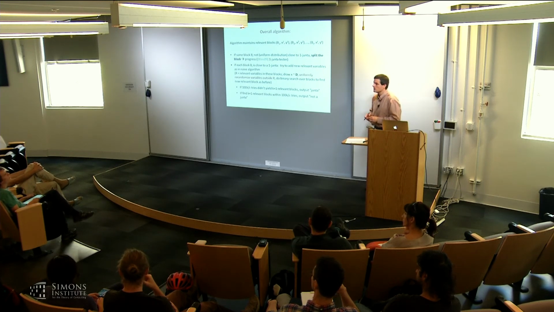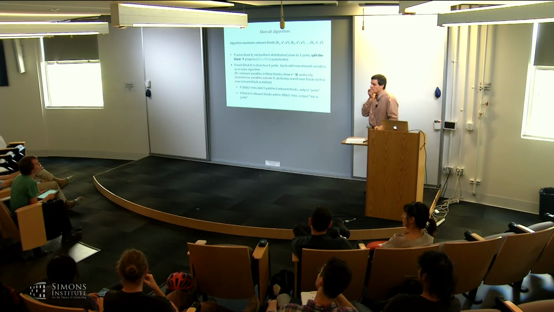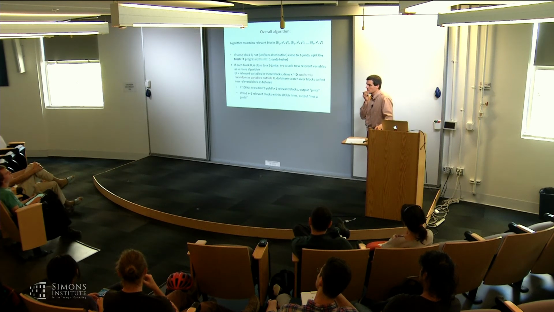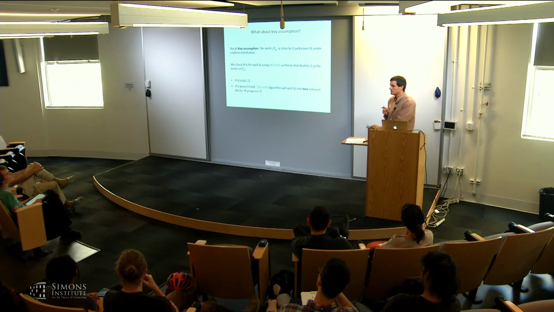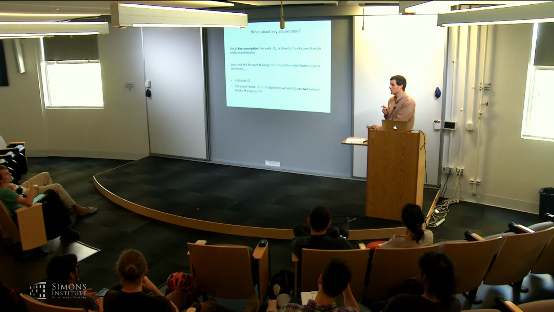Sorry, you might have already said it, but if the one junta tester rejects, this gives you a certificate that there are 2 blocks that are far away from one junta under the uniform distribution. Yes, exactly. So how do you convert this to progress in the distribution thing?